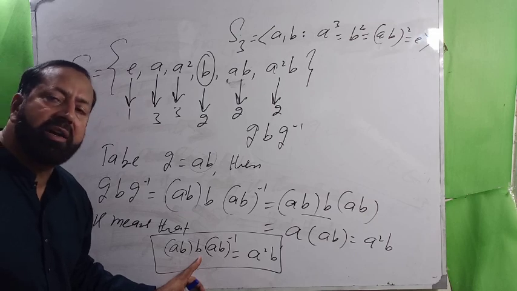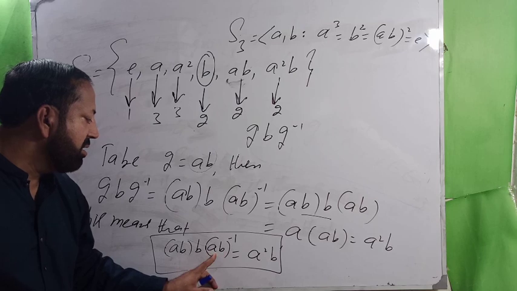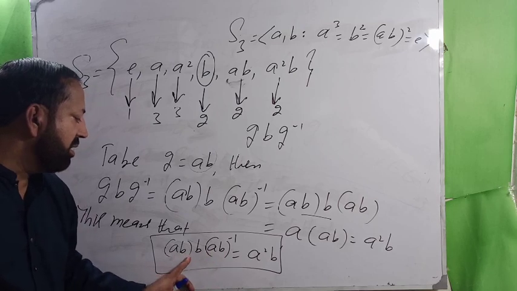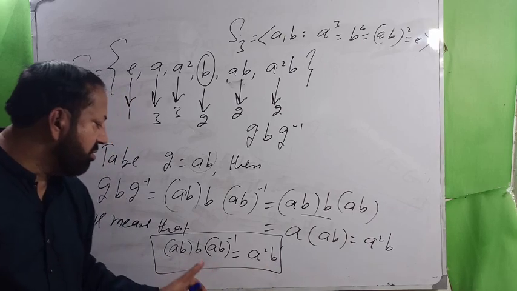I tried to find a conjugate element to B with respect to AB. So with this AB, I have calculated that A square B is conjugate to B.